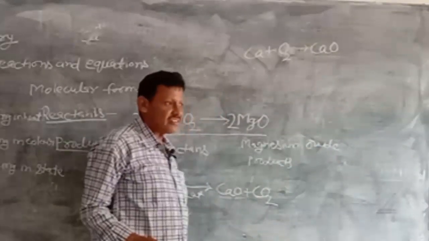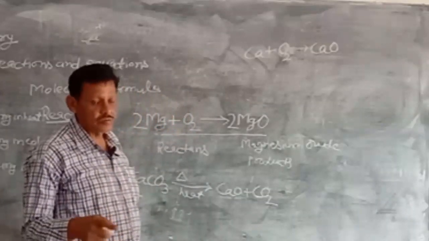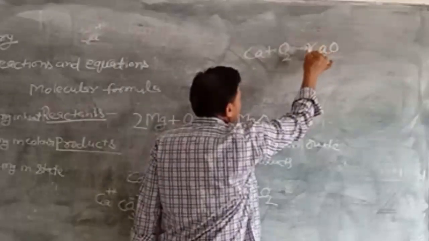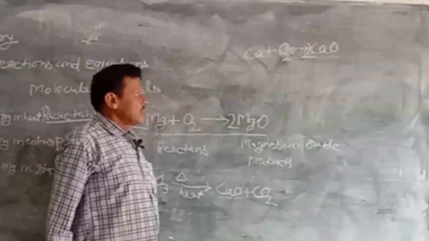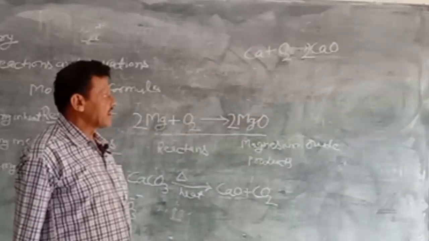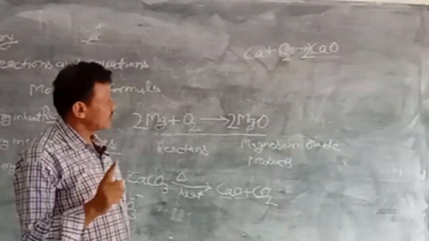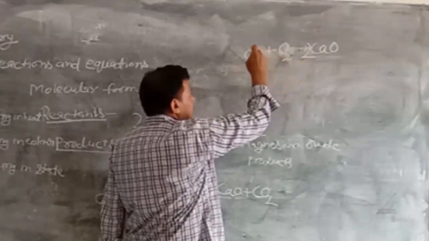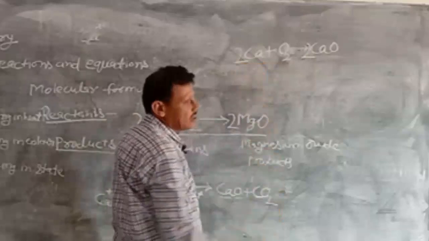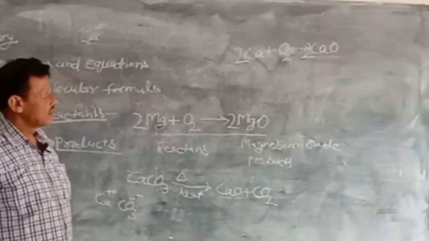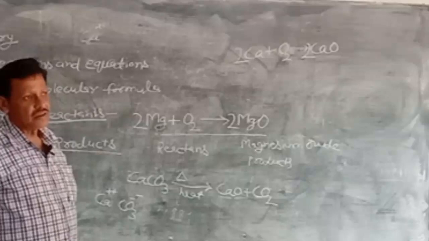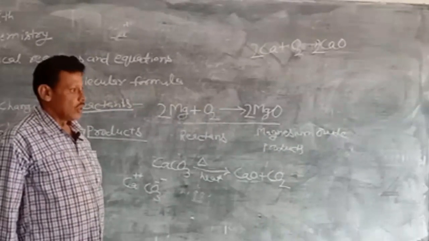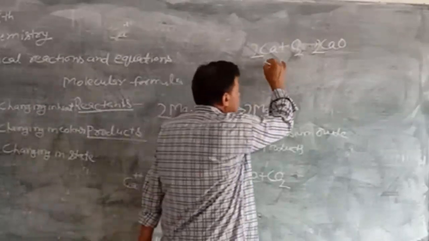So it is essential to balance the various atoms on both sides. Then we write 2 molecules of calcium oxide. Then the number of oxygen atoms is 2, so oxygen is balanced here, but calcium is not balanced. We write 2 calcium also on the reactant side. It is a balanced chemical reaction: 2Ca plus O2 gives 2CaO.